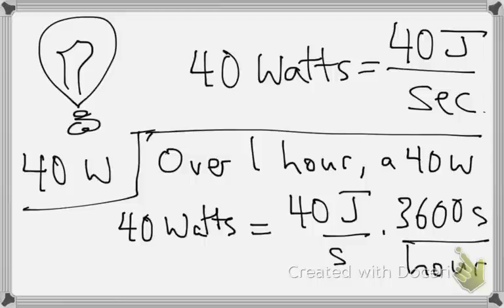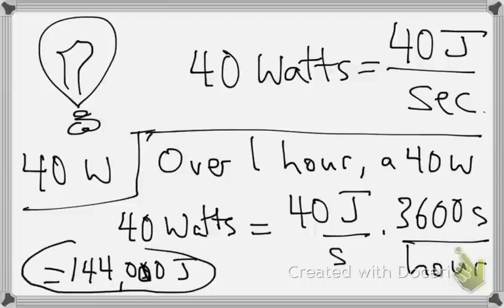So we would multiply 40 times 3,600 to get our answer. And that would equal 144,000 joules. That's the amount of energy that this light bulb would use in 1 hour.